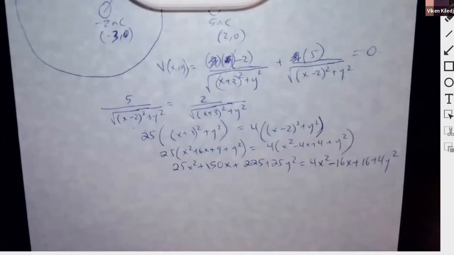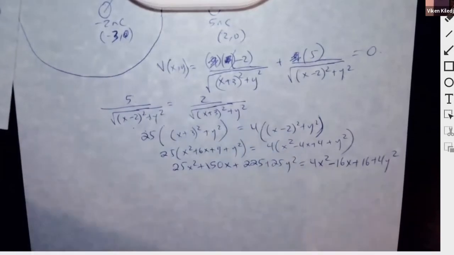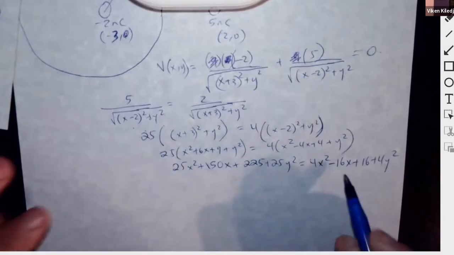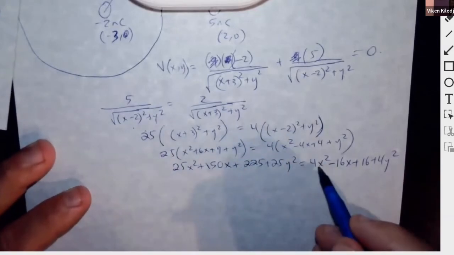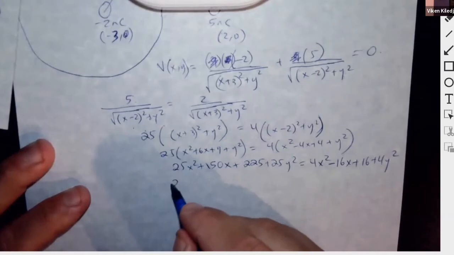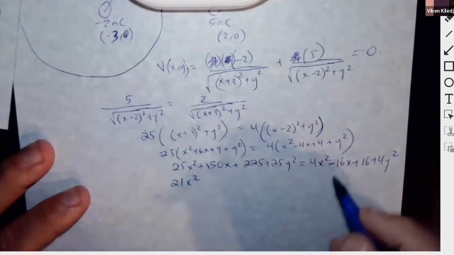Does this resemble anything that you've done back in math class? Well, it soon will. Maybe you don't really see where I'm going with this yet, but it soon will. Let's see here. Subtract 4x squared from both sides, so 21x squared.